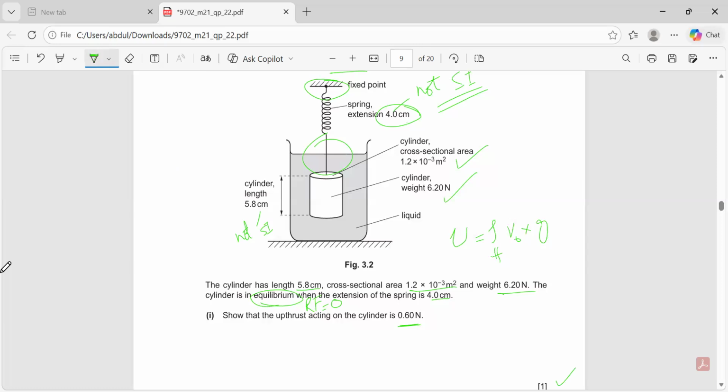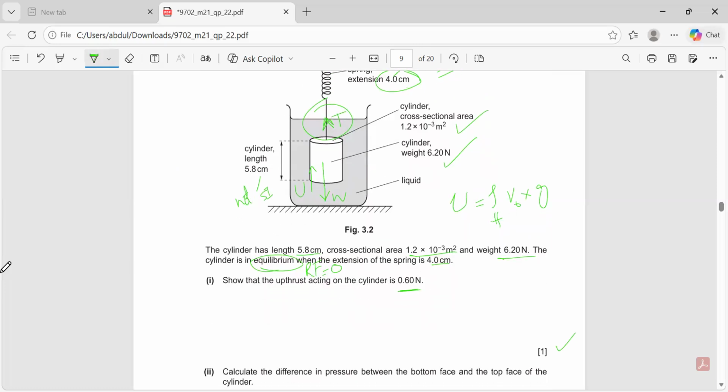Then we need the forces acting on this cylinder. So, my dear friends, what are the forces? Weight of the cylinder is acting downward. Upthrust will be upward, because upthrust is always upward. And there is also tension in the wire, that is also upward.